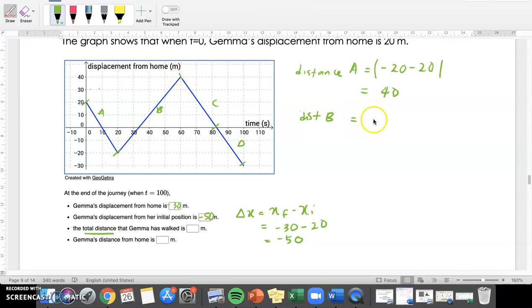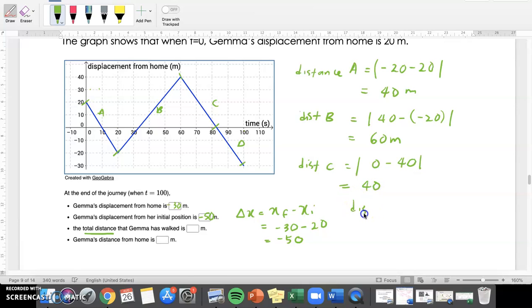And then for section B, I traveled from minus 20 and I reached 40. So 40 minus minus 20, positive, 60 meters. And then we have distance C, from 0 to 40. So 40 minus 0, which gives me 40.